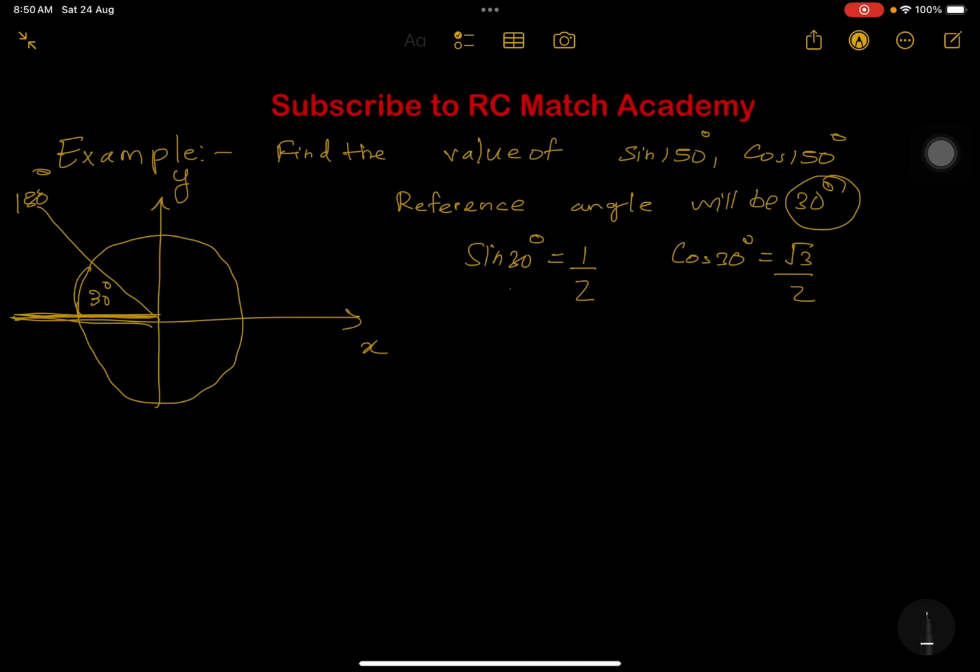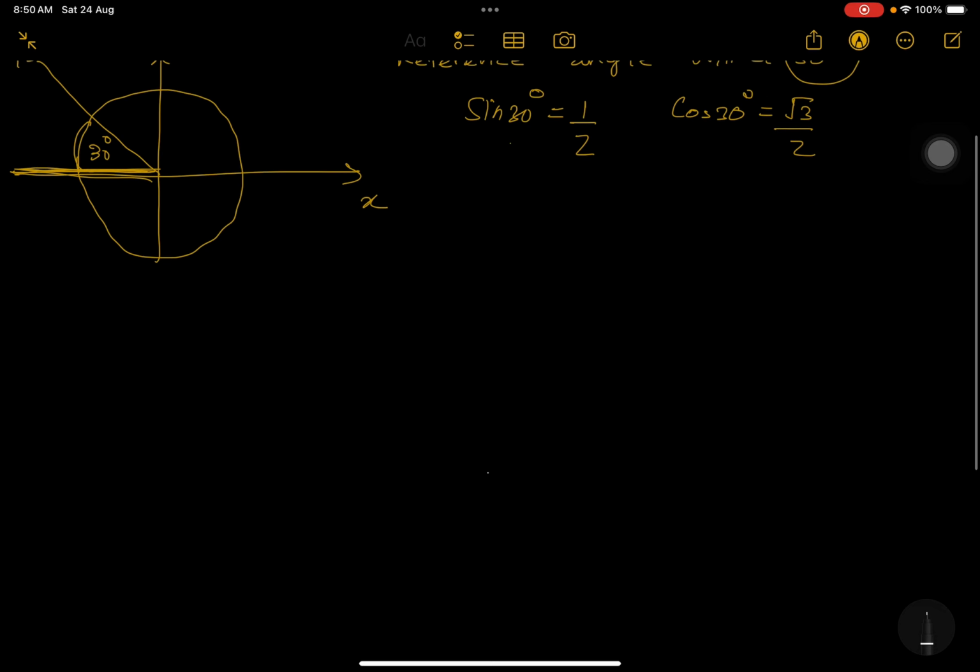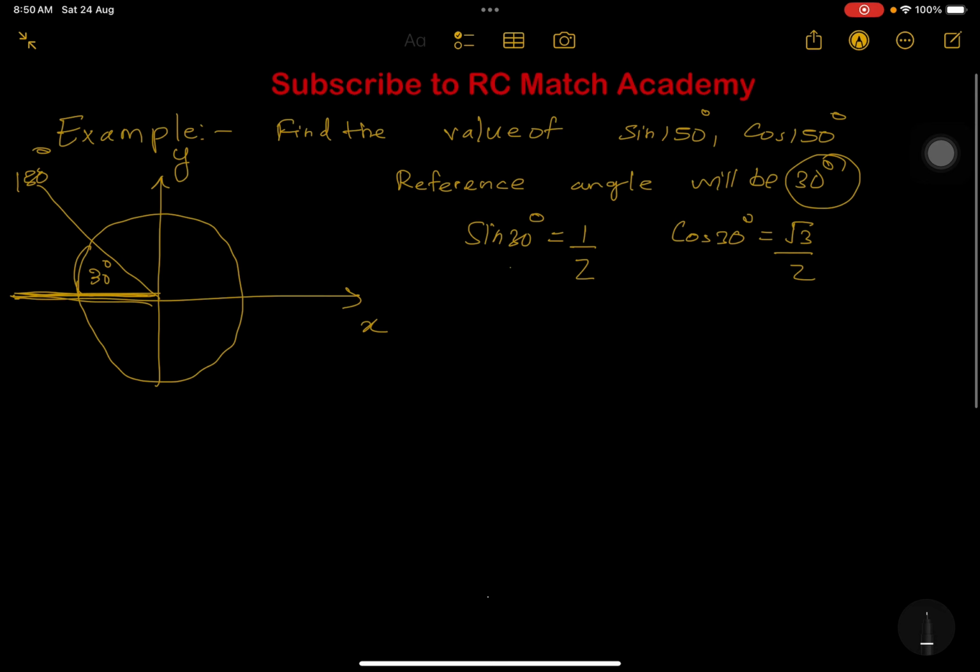So for the 150 degree angle, as we know, this is cos 30 comma sine 30. That is the coordinate of this particular point. This is exactly the symmetric point of this point.